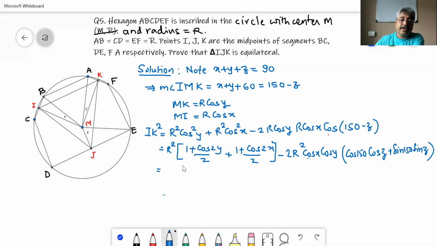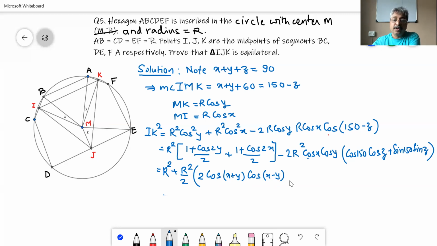Right? That is what makes R square common, 1/2 plus 1/2, plus R square by 2 inside the bracket cos 2x plus cos 2y. The identity can be used: cos plus cos is 2 cos of (2x plus 2y) by 2, so x plus y, times cos of (2x minus 2y) upon 2, so x minus y. So this is our first term.